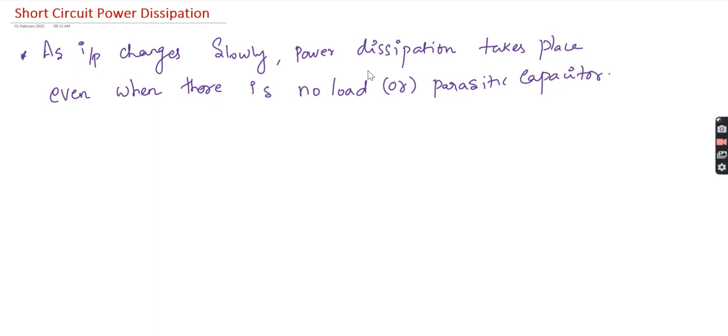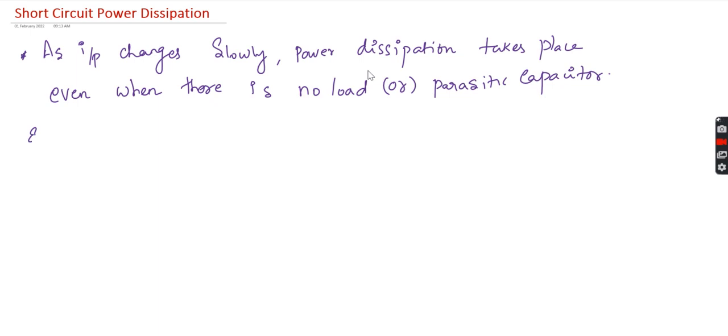At that time both the transistors are on. So that is for some certain duration, shorting the power supply line to the ground, which leads to current flow from supply to the ground.